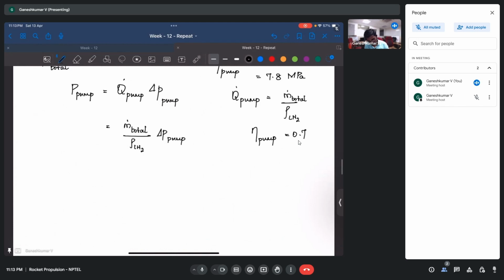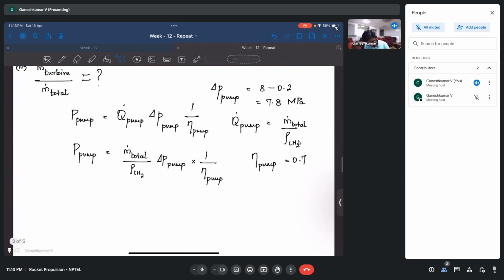So this might be the ideal pump power, but since the efficiency is just 70%, you may need to give extra power, so you need to divide it by the efficiency of the pump. This is the overall power of the pump.